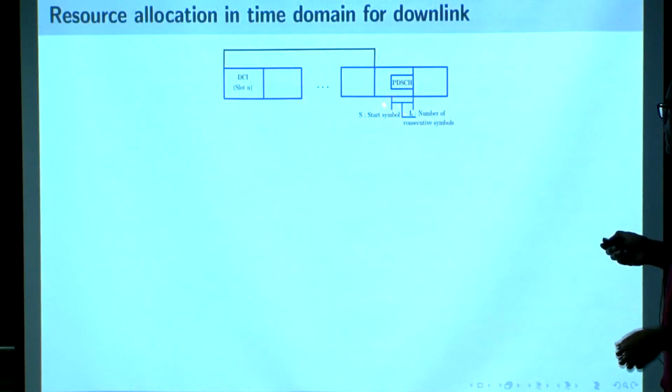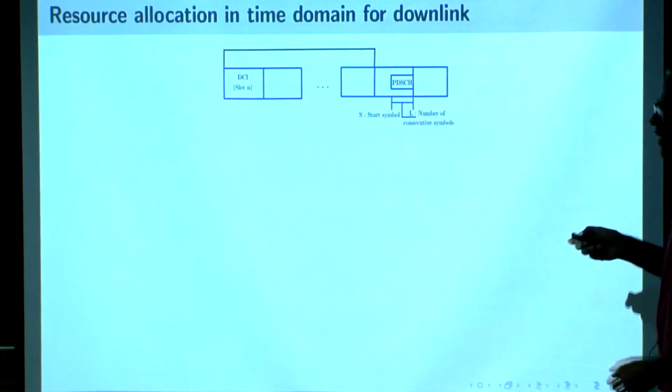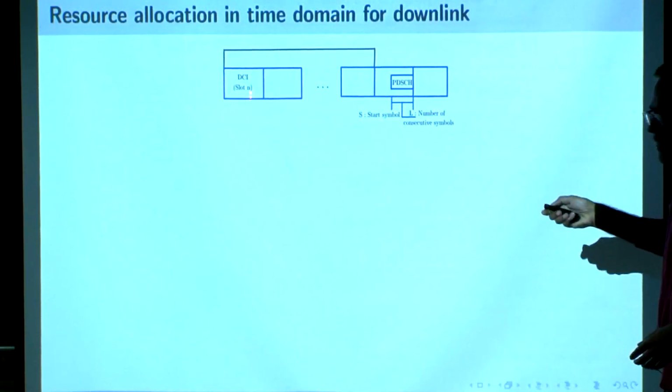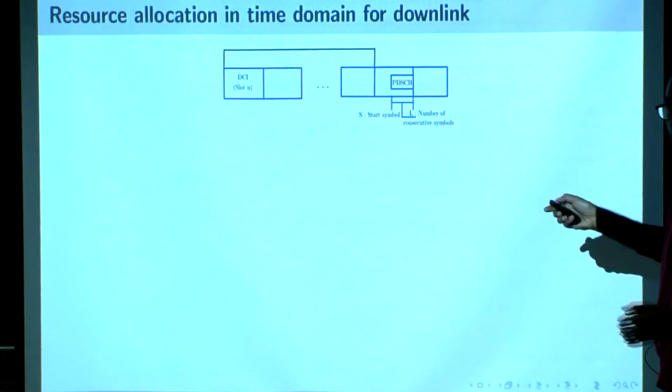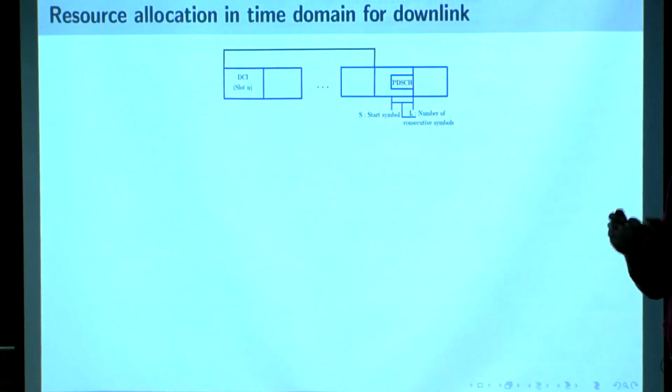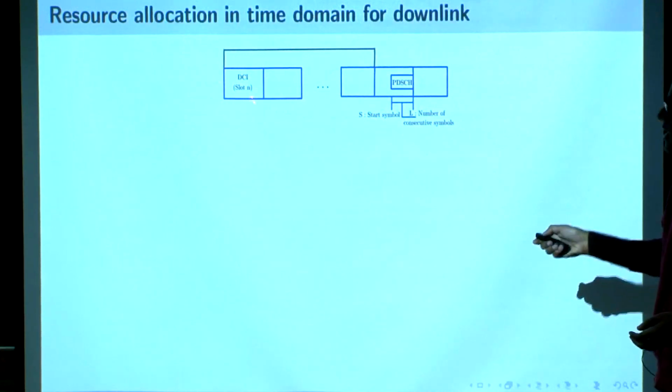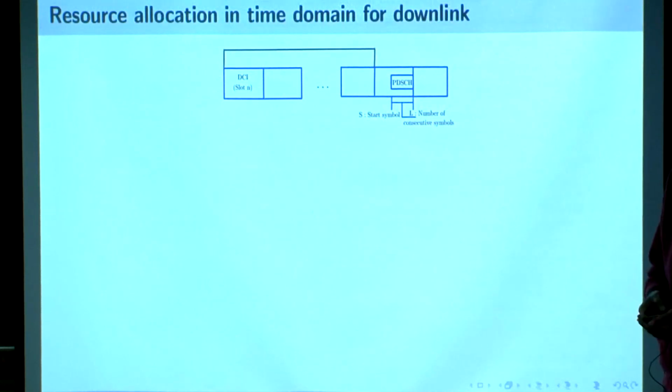So what is it telling? It will indicate how much the slot offset is, from where the DCI is coming to where the data, the PDSCH, will come. It will give that offset. If this DCI is coming in the nth slot, data can come in the n plus 4th slot also.